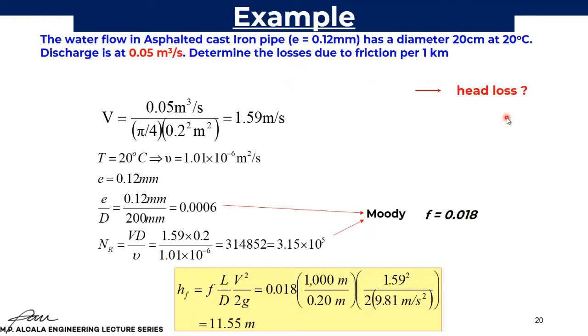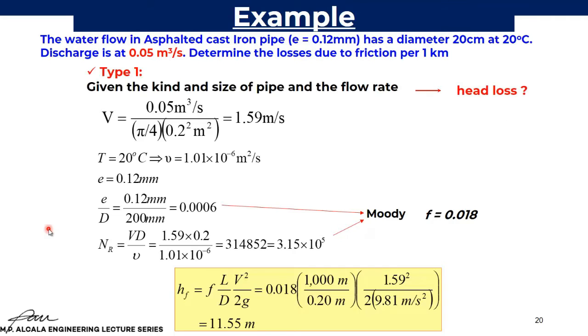Essentially, that is the head loss. Okay? So that will be a type 1 problem, given the kind and size of pipe and the flow rate. This is your flow rate, 0.05, your size of pipe, diameter 20 centimeters, and the kind of pipe is an iron pipe with a roughness of 0.12.